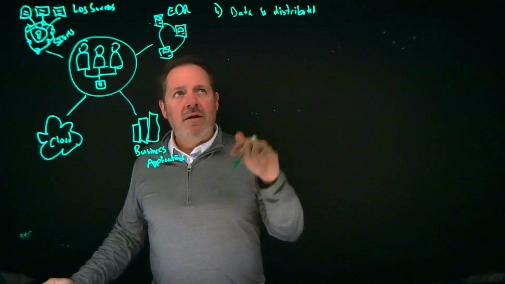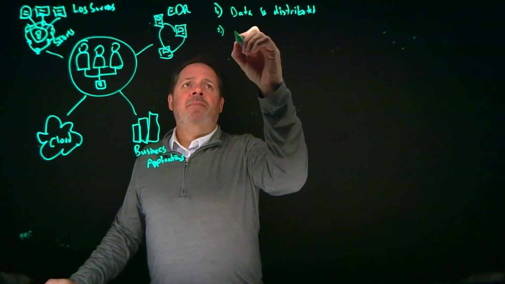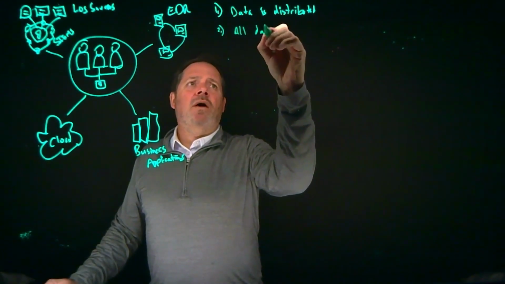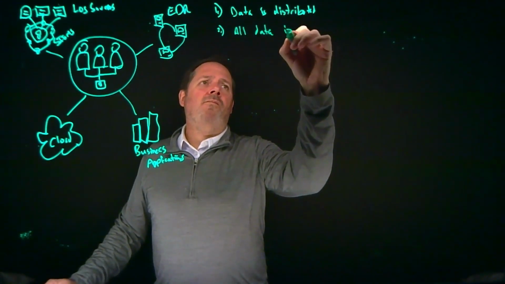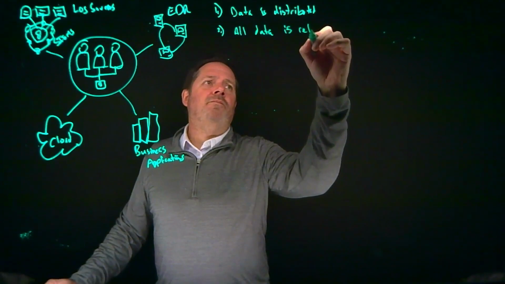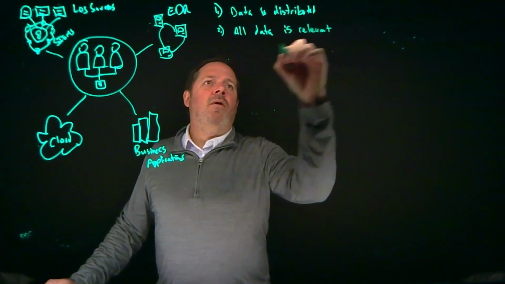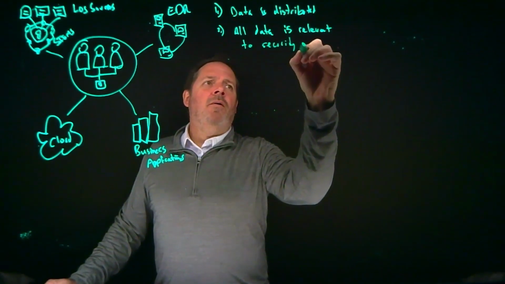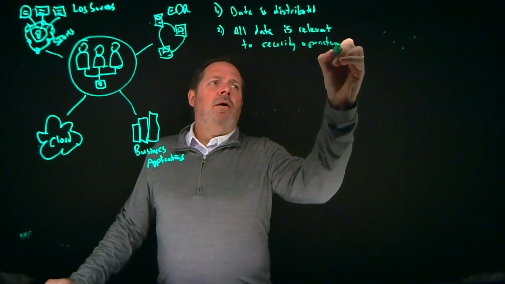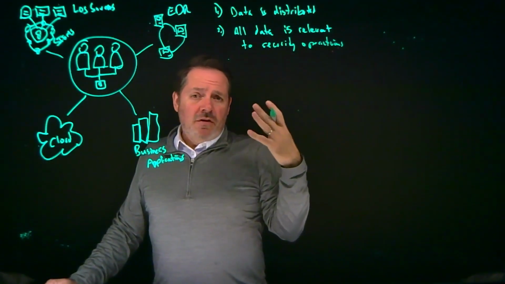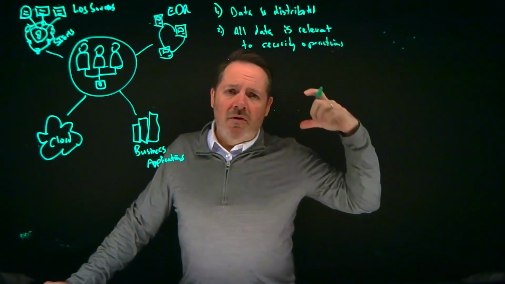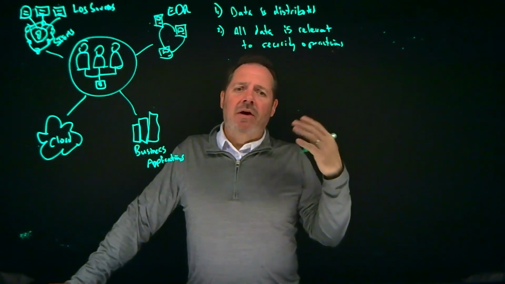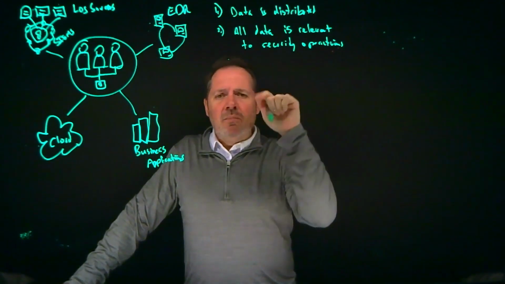And by the way, that all data is relevant to security is another key point here. A single element of data may not be enough to tell you what happened, but the more data you can gather, the better fidelity your detections are going to be. And so those 2 points being said.